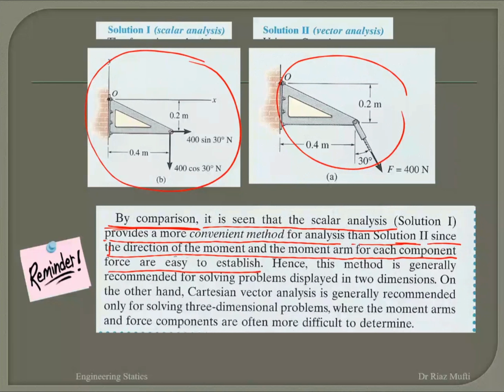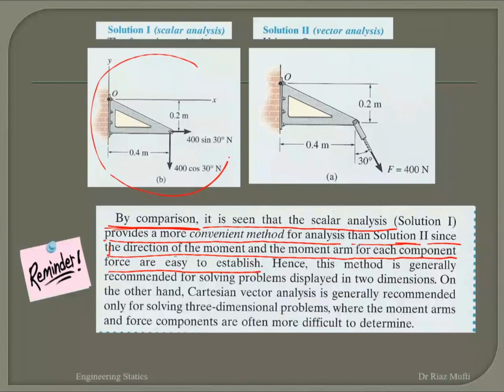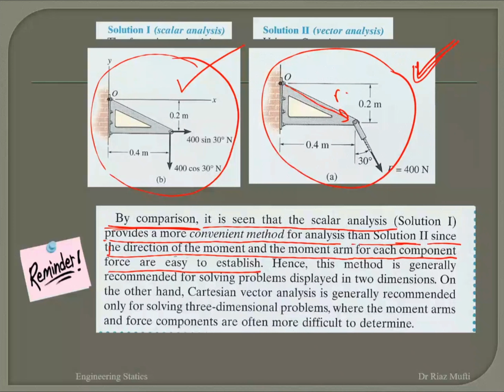In simple words, if you've got a 2D problem, you can use this approach first, but if your vector R is given, then you can use the other one. So the preferred one is this. But remember, for 3D, this is the preferred one.